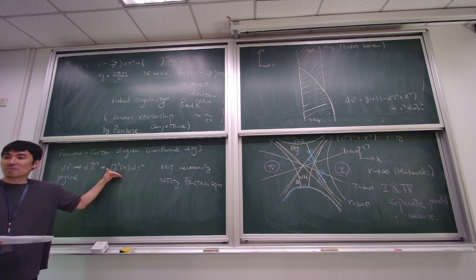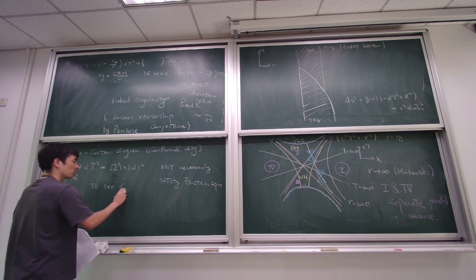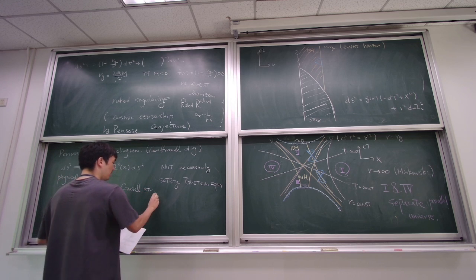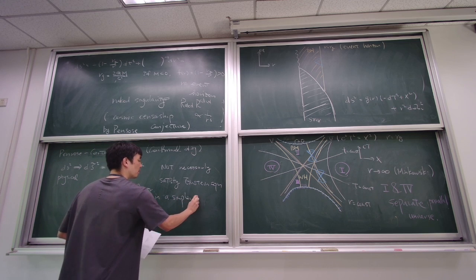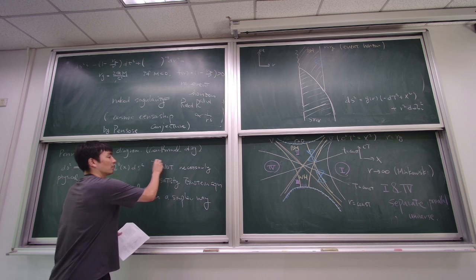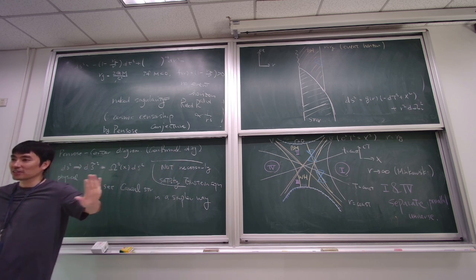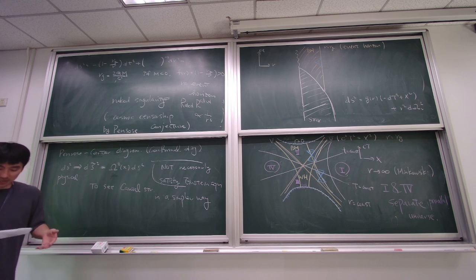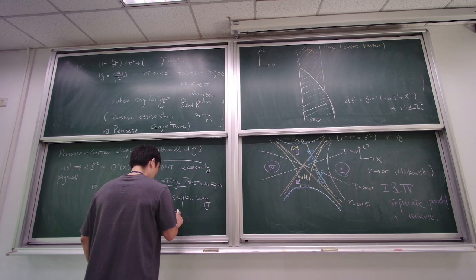The meaning of multiplying the conformal factor is to see the causal structure in a simpler way, but you have to pay the cost that it no longer obeys the Einstein equation. But we want to see the causal structure of spacetime in a simpler, more compact way.